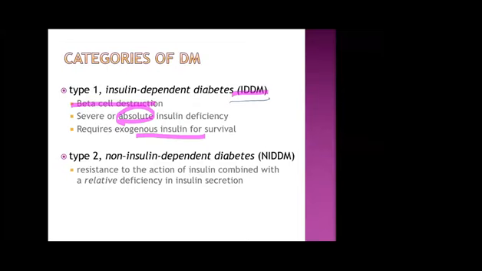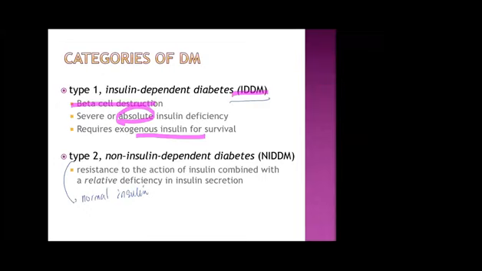Okay, next. We also have type 2 diabetes mellitus. Take note, in type 2 diabetes mellitus, there is relative lack of insulin in the body. When we say relative lack of insulin, usually dito sa type 2, there could be a normal insulin level, meaning to say beta cells are normal.